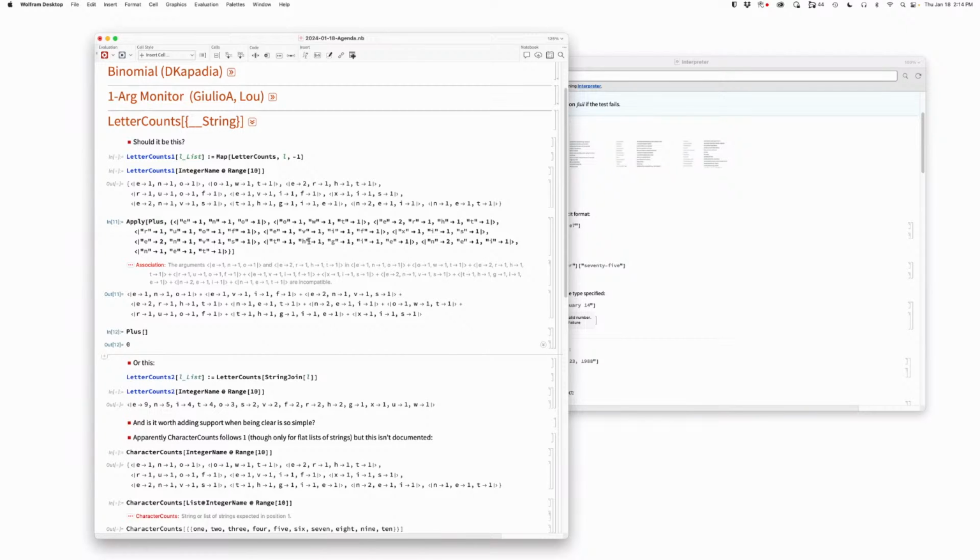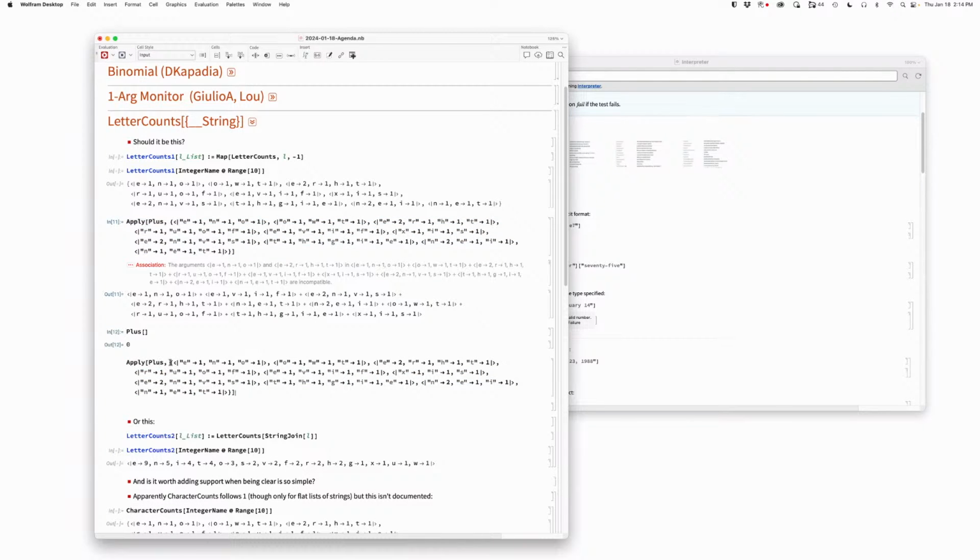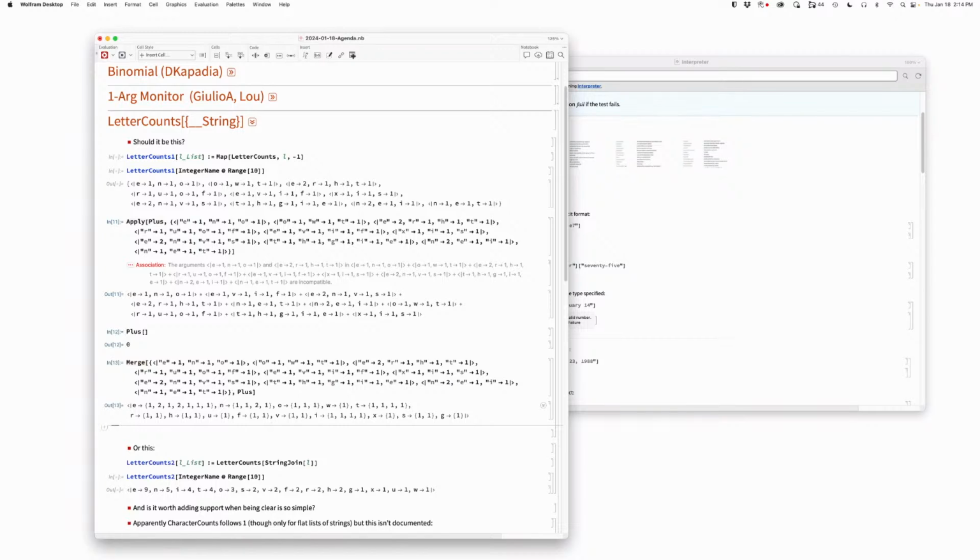Exactly, right. Maybe I'm misunderstanding what you're trying to do, but if you do a merge of that list of associations and the second argument is plus, does that work? Oh, let's find out. No, I want to add this up assuming 0 for the... no, that didn't work.